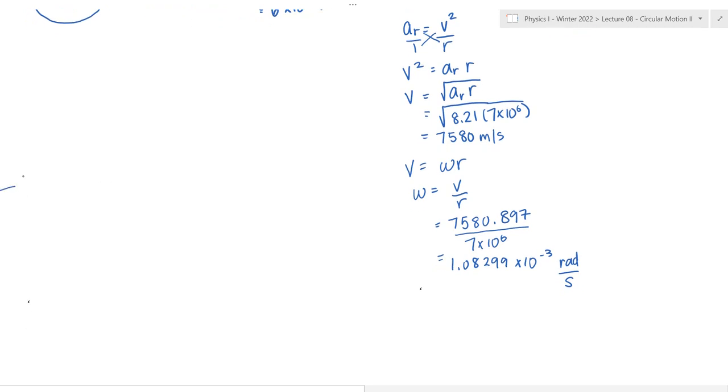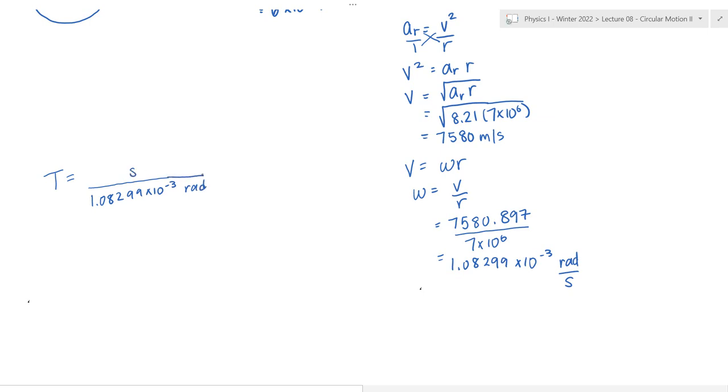So my period is equal to, so I want to know how much time to complete an orbit. So instead of putting the number 1.08299 times 10 to the negative 3 radians in the numerator, I want to put it in the denominator, 1.08299 times 10 to the negative 3 radians, and the seconds in the numerator.